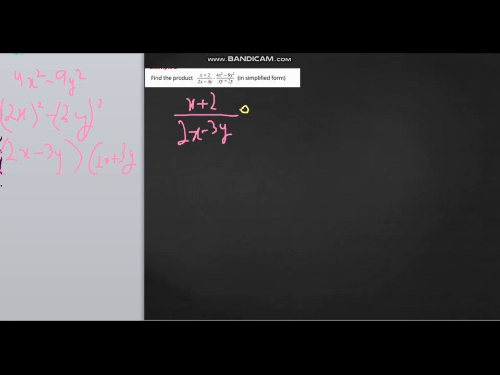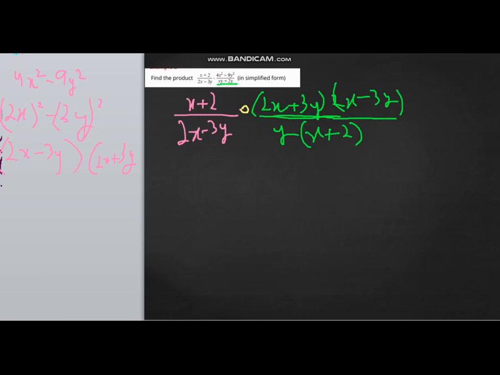Okay, so for the numerator, I'll just write 2x plus 3y and 2x minus 3y. In the denominator, we have y common. Then we're left with x and 2, x plus 2.